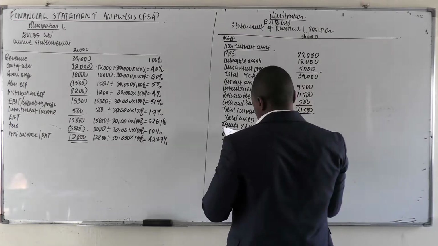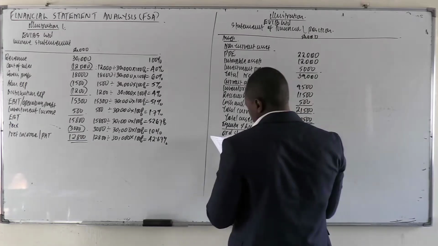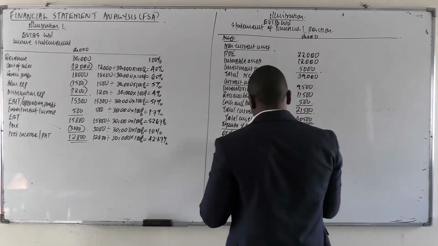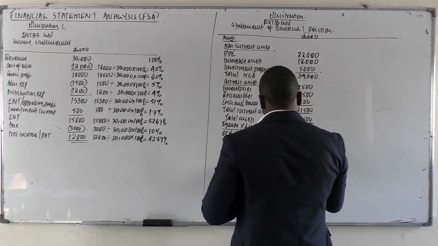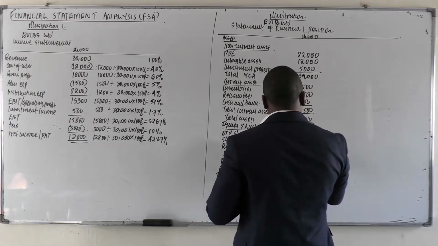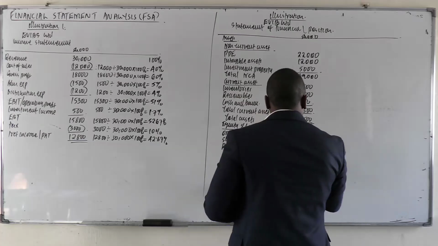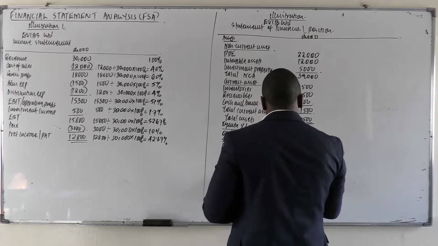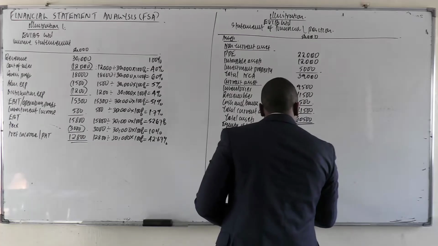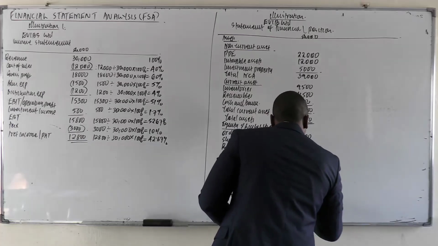And the total asset is 6,500. Under the equity and liabilities, ordinary share capital we have is 20, then 6,000. For the retained earnings, it's 11,900. Debentures we have is 12,000. We have 64, 42. And the total is 6,500.